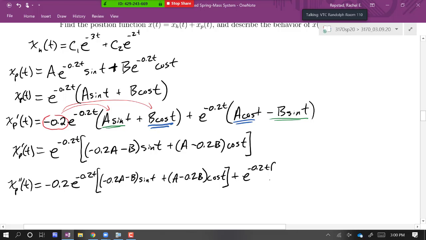And now we're going to take the derivative of what's in the brackets. I'm not going to get too hung up on those coefficients right now. The stuff in the parentheses, negative 0.2a minus b, is just a constant in front of the sine. So when I take that derivative, I'm going to get negative 0.2a minus b times cosine.